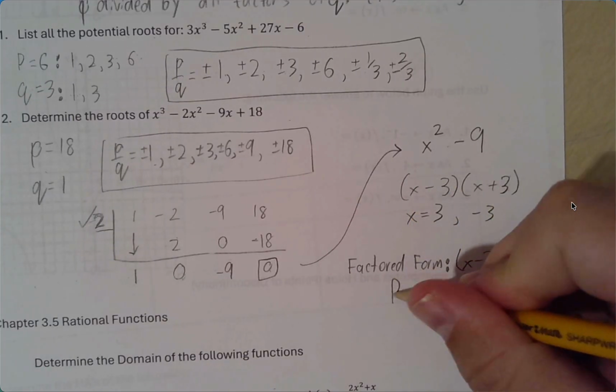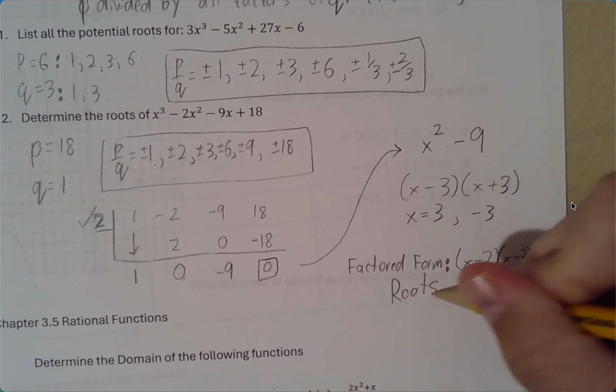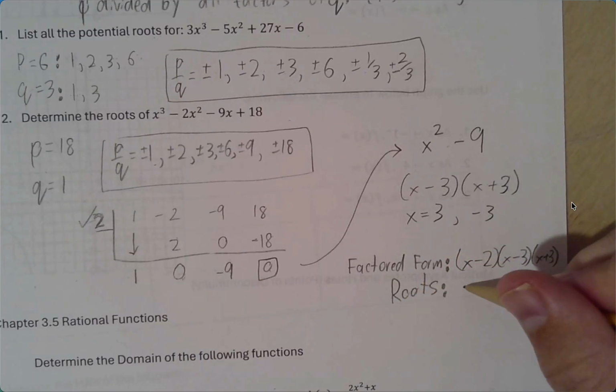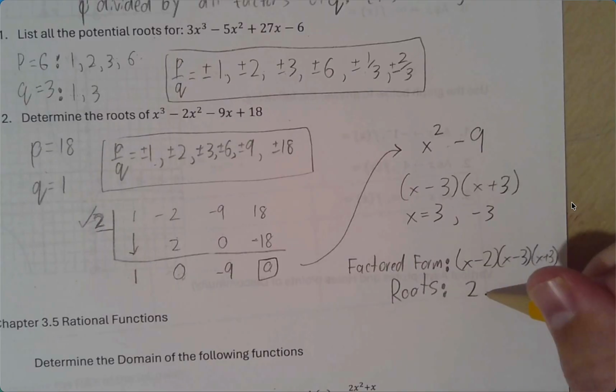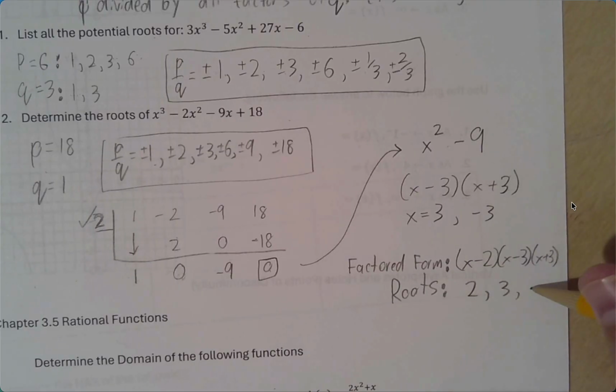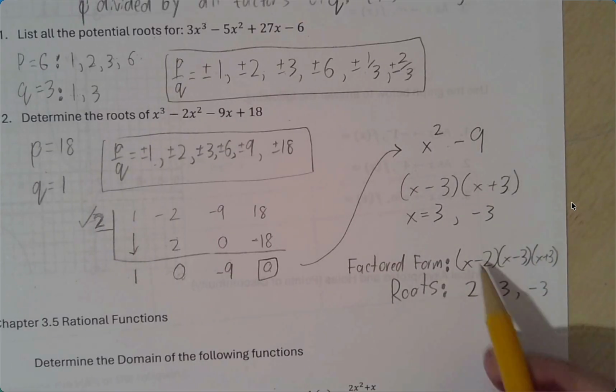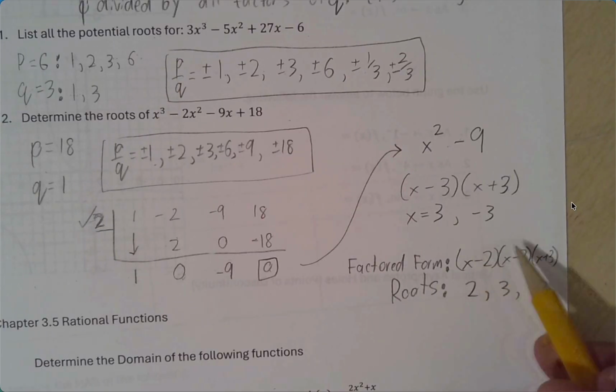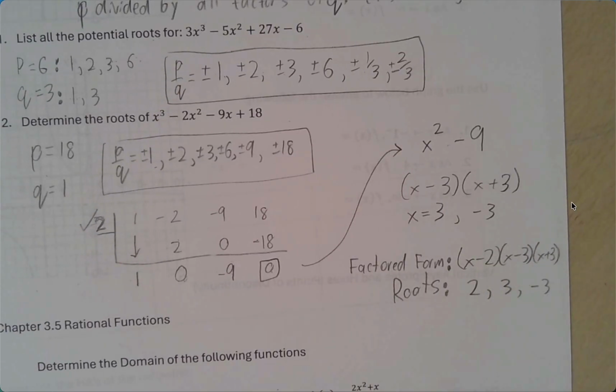But then I want to write down the roots, in the order of their algebra. The roots are 2, 3, and -3, because each one of these makes its corresponding parentheses 0, which multiplies through and makes the whole thing 0, which is why roots are sometimes referred to as zeros. They make your polynomial or your algebra equal to 0 when you plug them in.